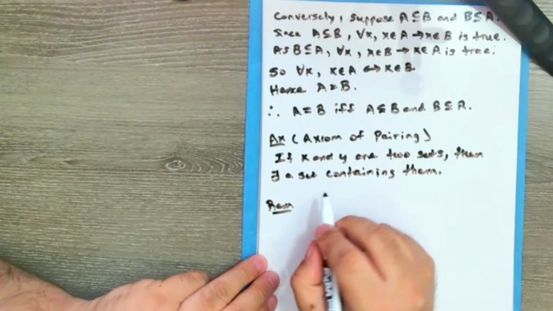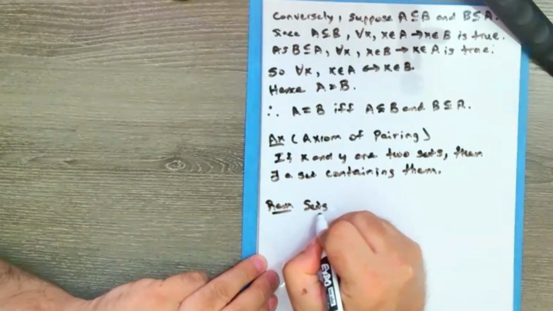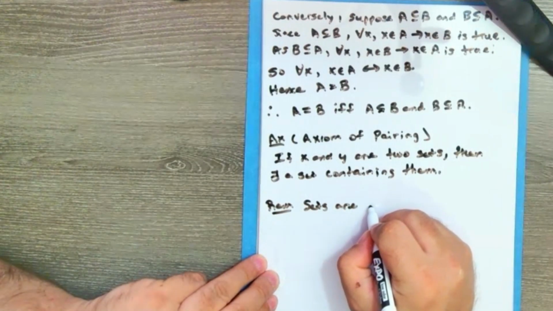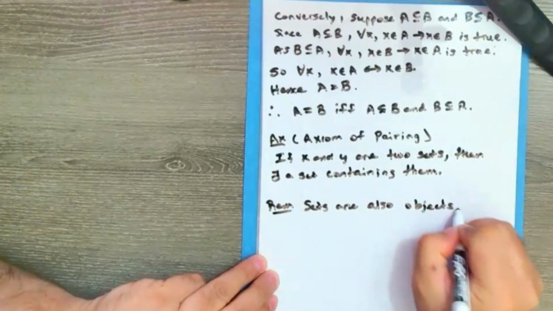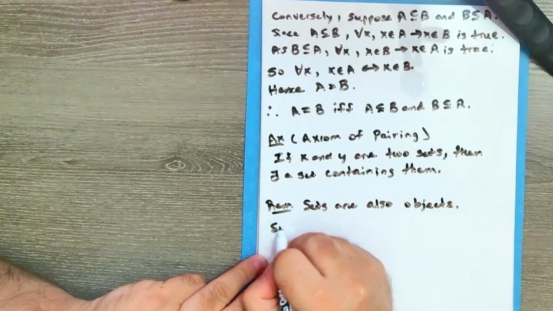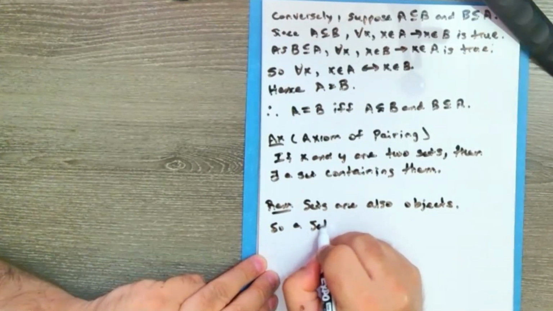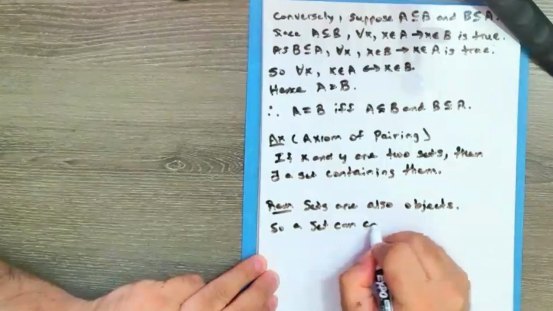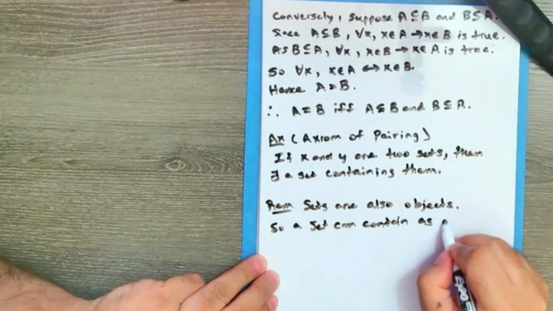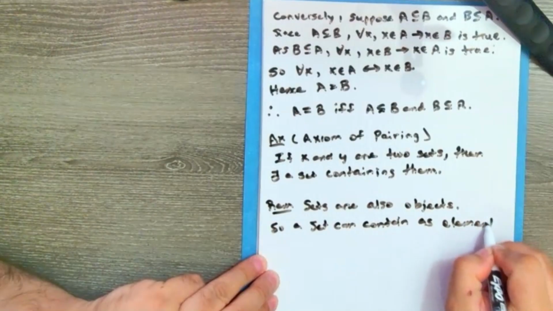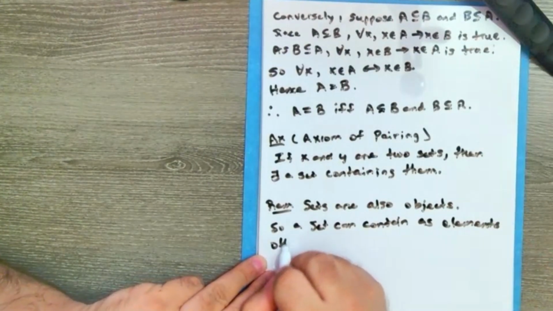So this axiom tells us that sets are also objects, and so a set can contain as elements other sets.